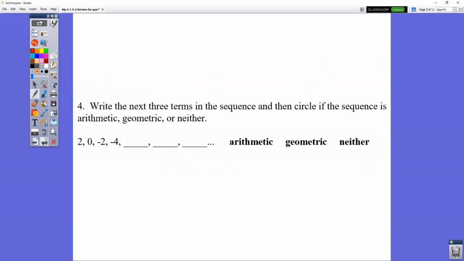Question number 4. Write the next 3 terms in the sequence, then pick out whether it's arithmetic, geometric, or neither. Go ahead and do question number 4, please.